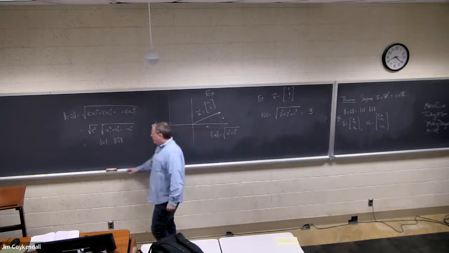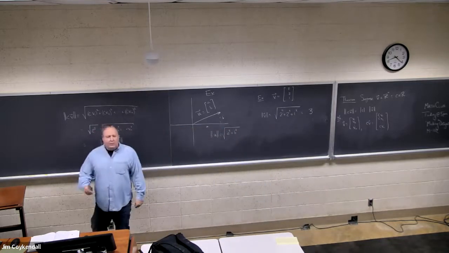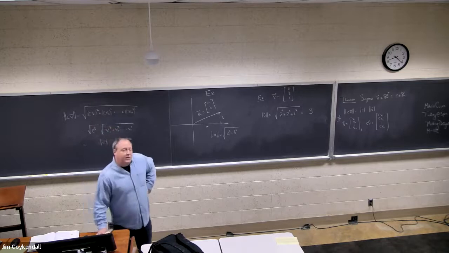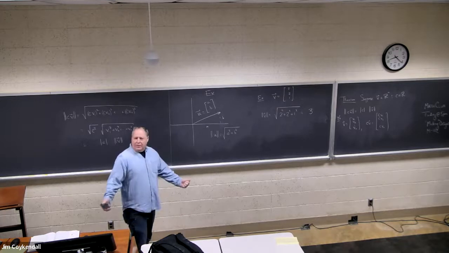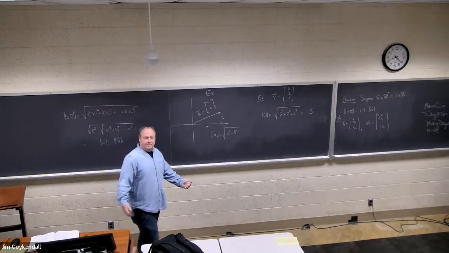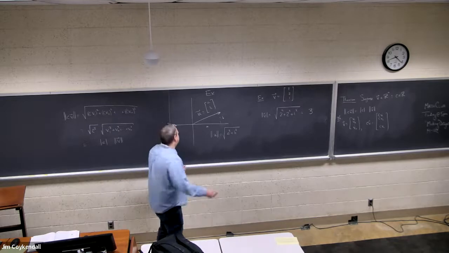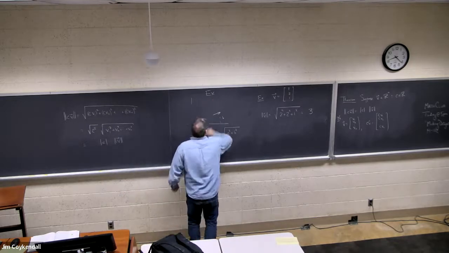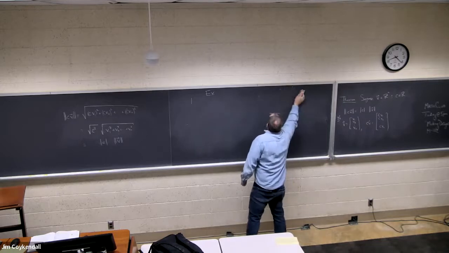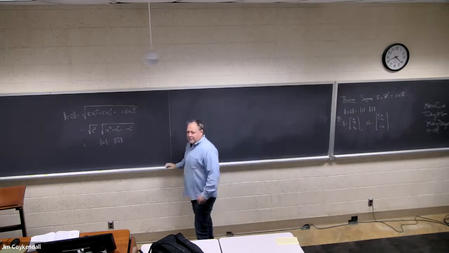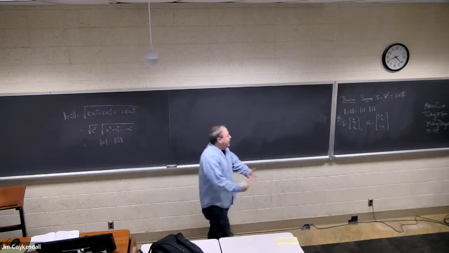And let me make one more definition. If any of you have seen Cal 3, or if any of you have taken a physics class, especially like a dynamics class or statics class, how many of you have ever heard the term unit vector? This is going to come up if it hasn't for you already in some of your engineering or science classes. But sometimes vectors are out of control, right?